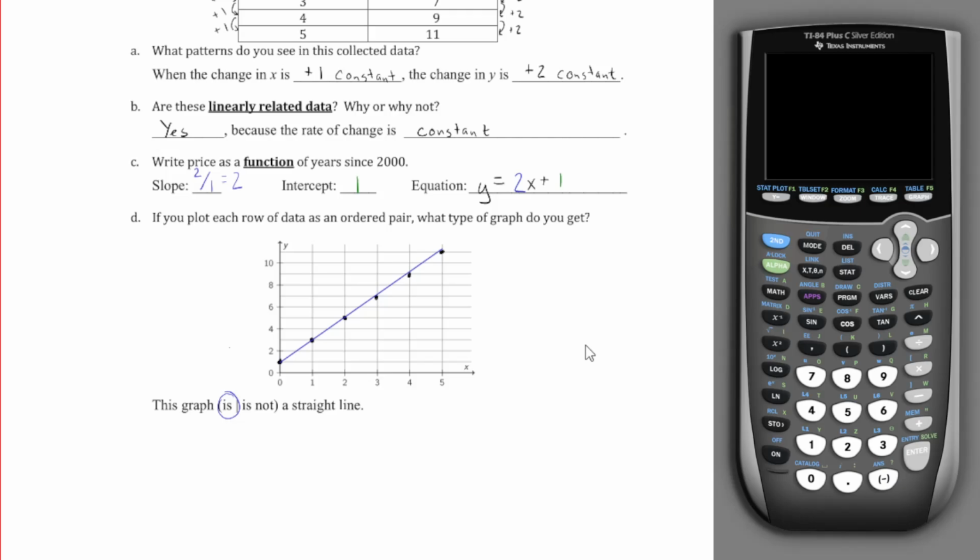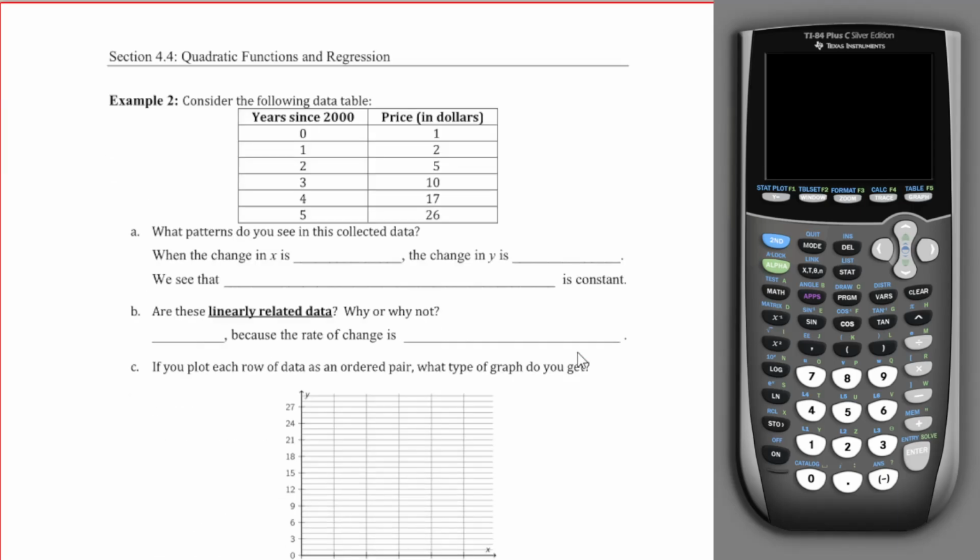Let's contrast that to another data table. In this data table, again, we see each time we go down a row, our input increases by 1.